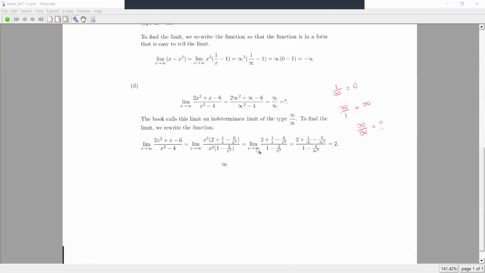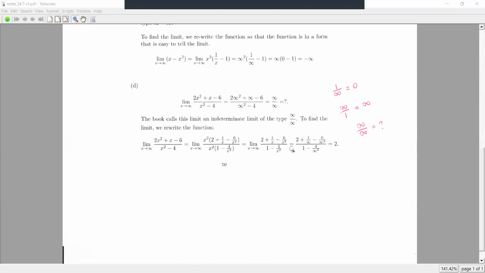Okay, when x approaches infinity, this term 1 over x will approach 0. 6 over x squared will approach 0. 4 over x squared will approach 0.